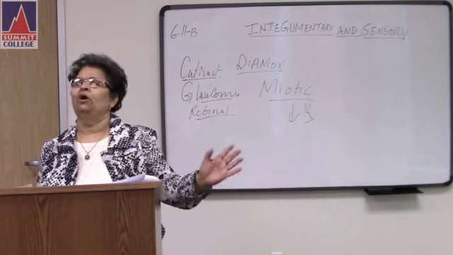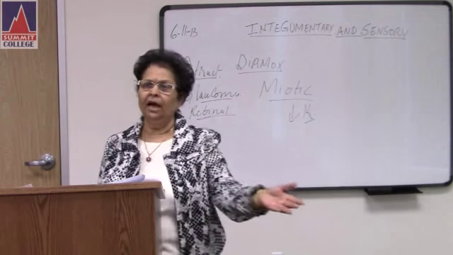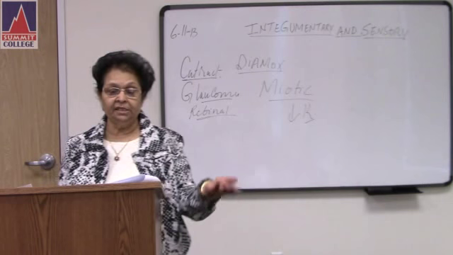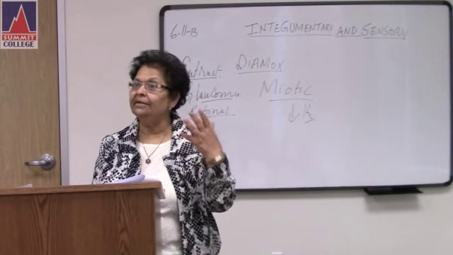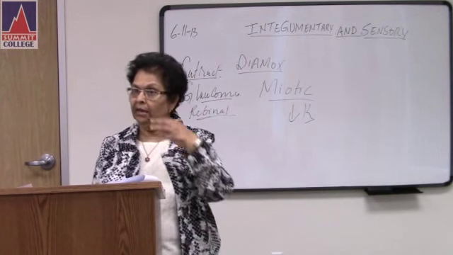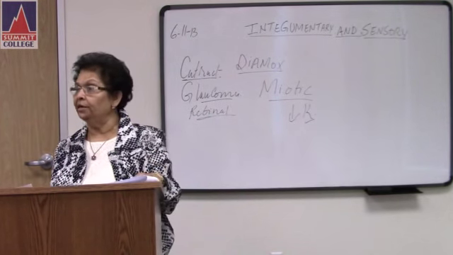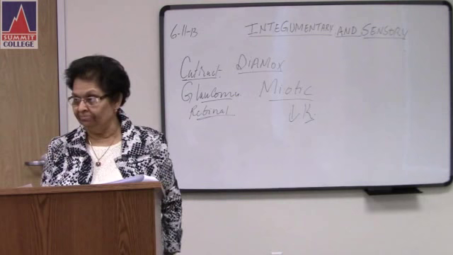If you can remember all of them, number one, hypertension damages what? Eyes. And what does it damage? Retina. Because the retina is the inner layer, and what happens when your blood pressure is high, those blood vessels start bleeding and they can rupture.